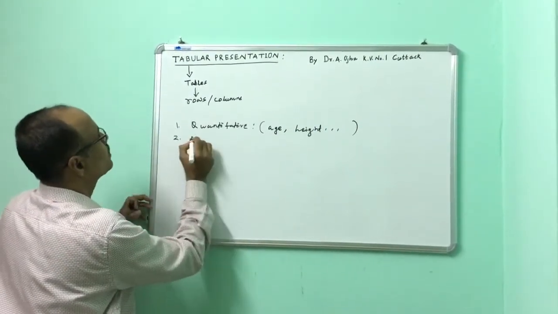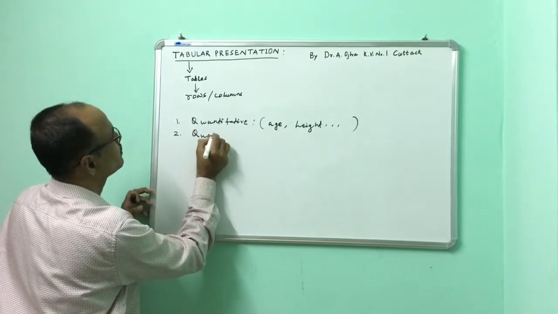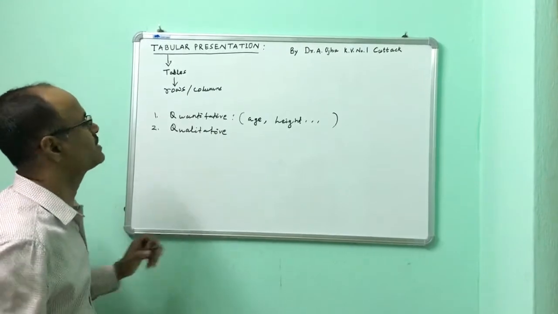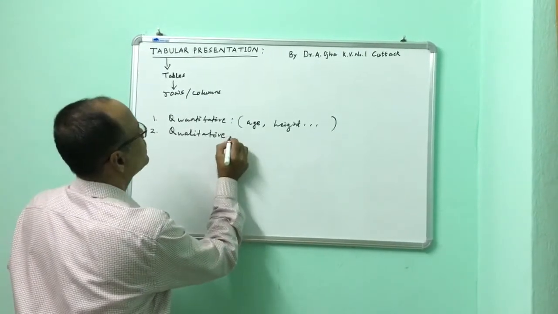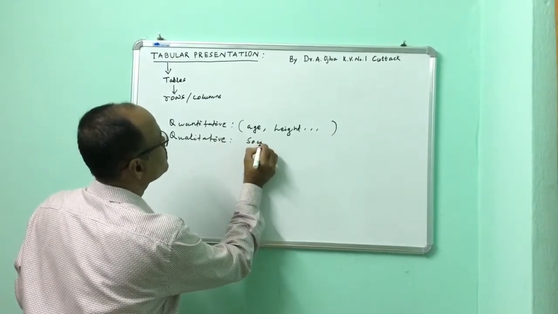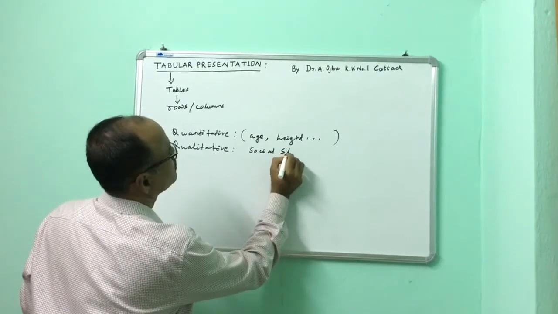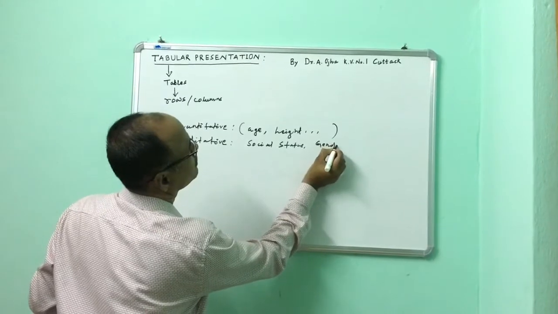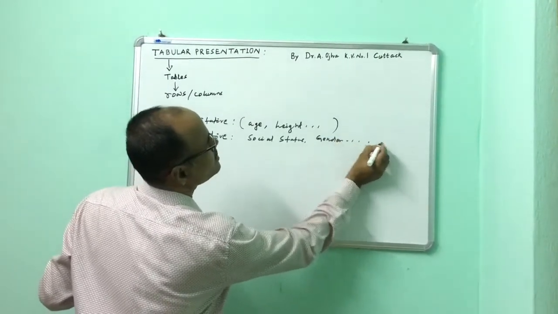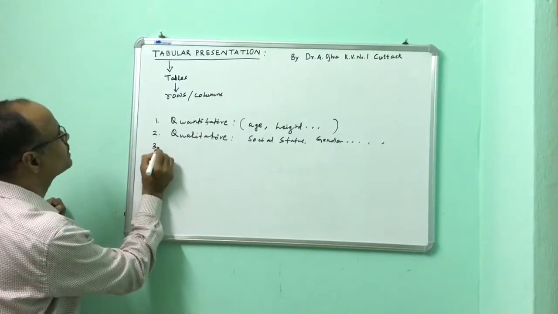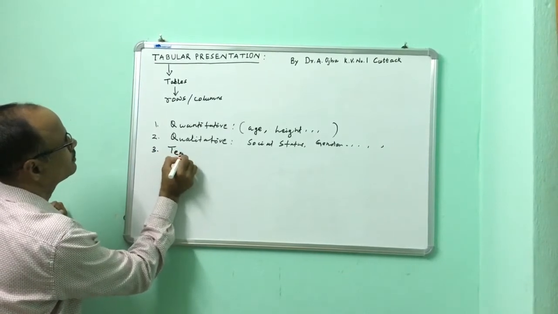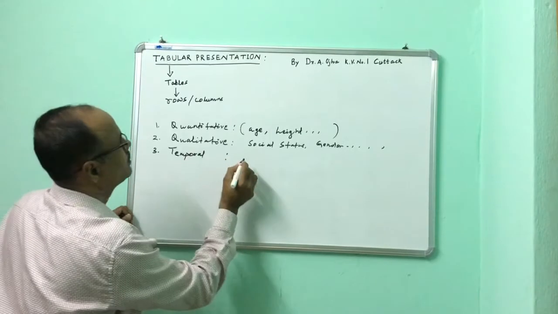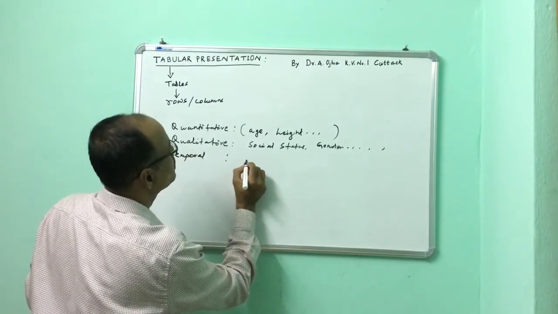Second is qualitative classification, that is in terms of social status, gender, male, female and so on. Third is temporal, according to time.